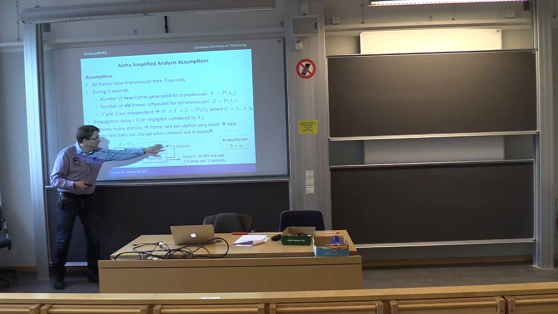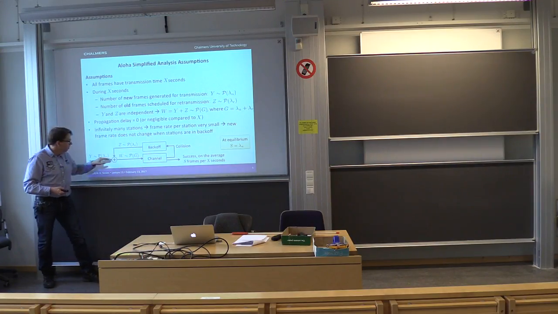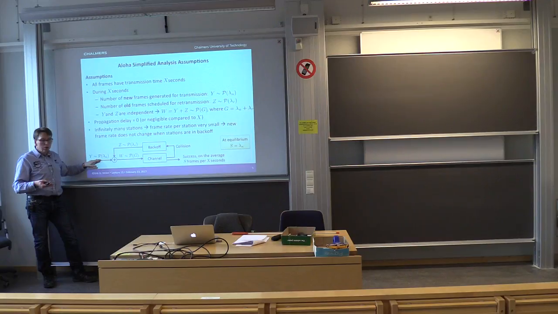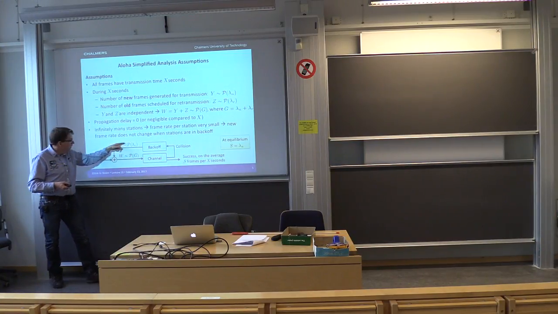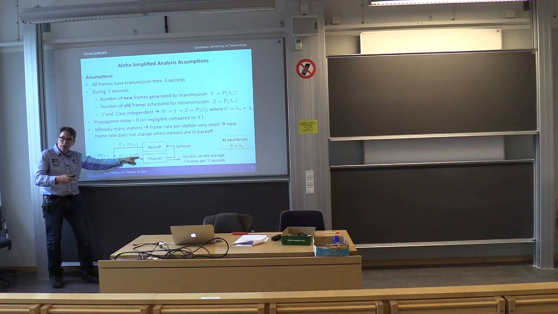So we have this feedback thing here. So if we start with a very low rate, most of the frames go through, right? Because there are few collisions. However, when we crank up the input rate here, there will be some collisions, and then we increase the rate here. So we have positive feedback, which means that we could end up in an overloaded situation.